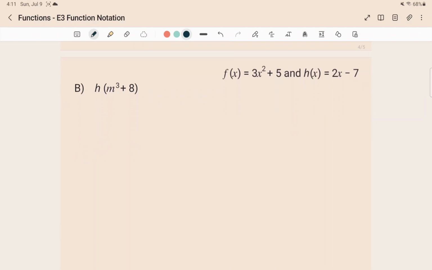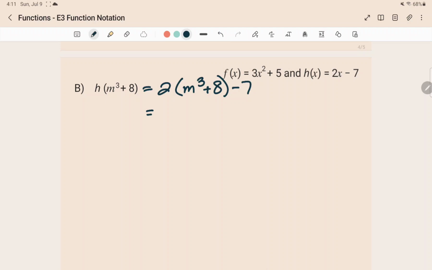H of m cubed plus 8. Again, we have two functions. I want to make sure I pick the right one. H of x is 2x minus 7. So I'm going to plug in m cubed plus 8 for x in that function. I get 2 parentheses m cubed plus 8 minus 7.